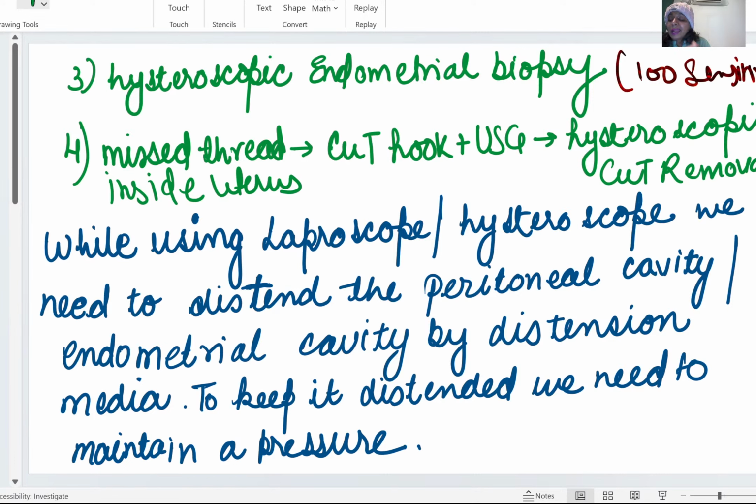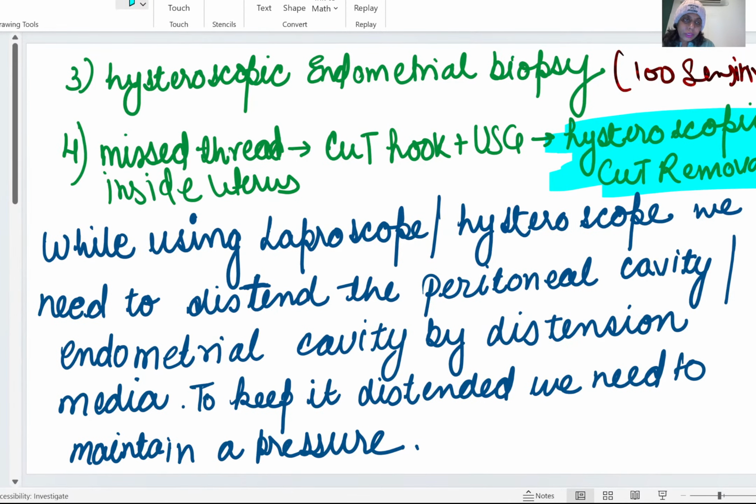If even that is not possible, then we use hysteroscopic copper T removal. Is it okay? These are the four procedures mainly done by hysteroscopy.